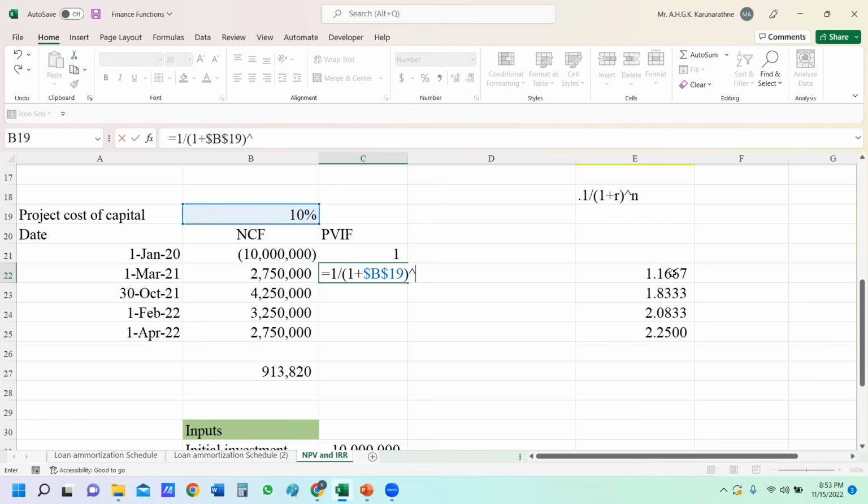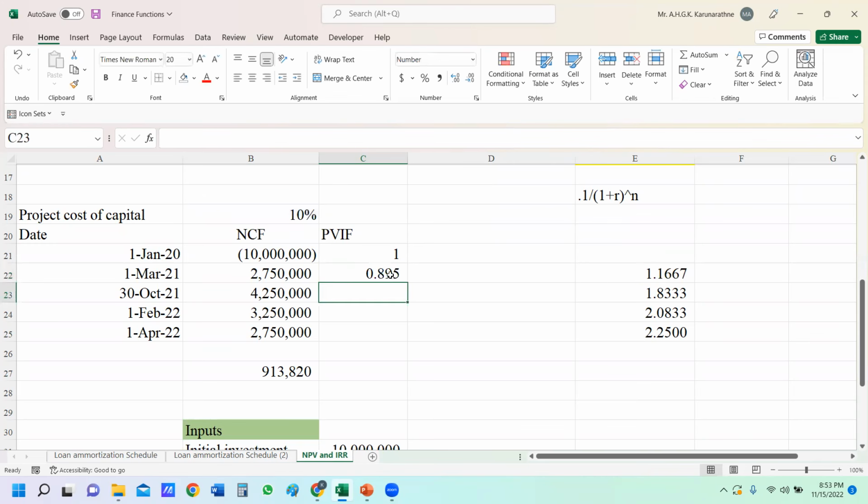N we have computed here. Enter. Okay, now we can drag it to the rest like this.